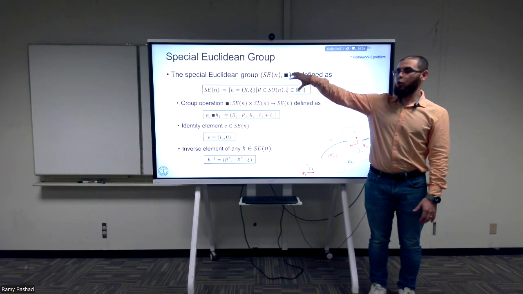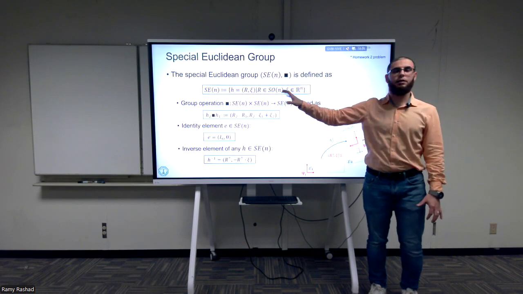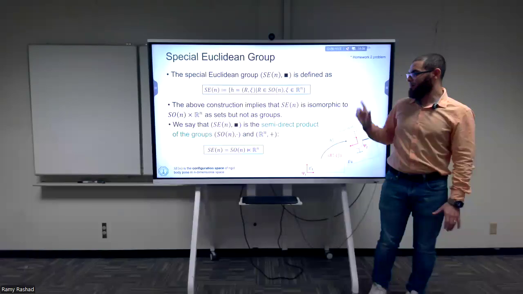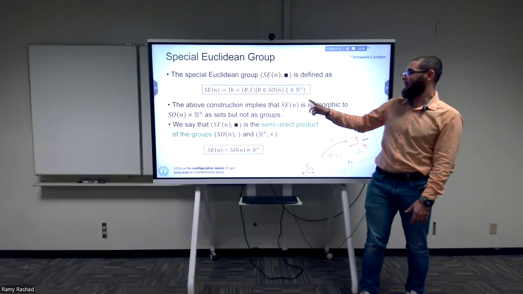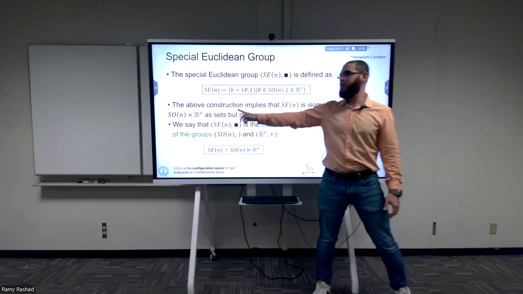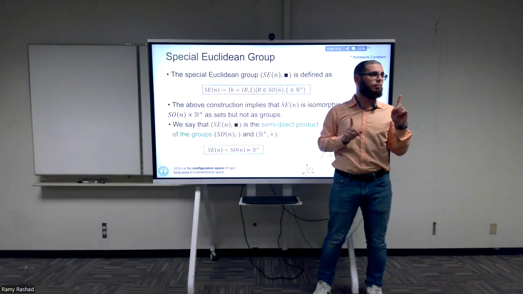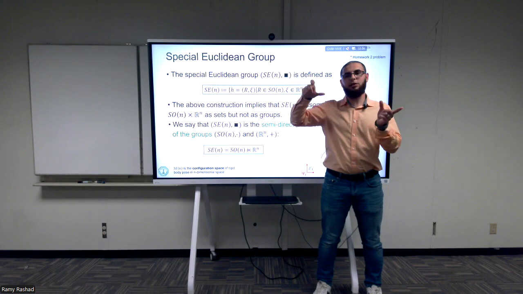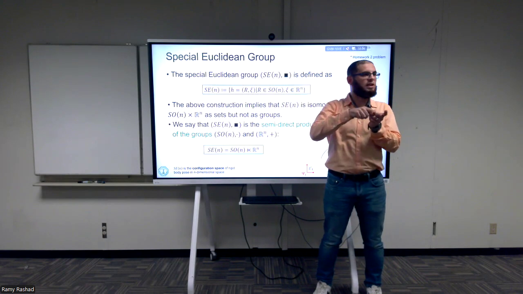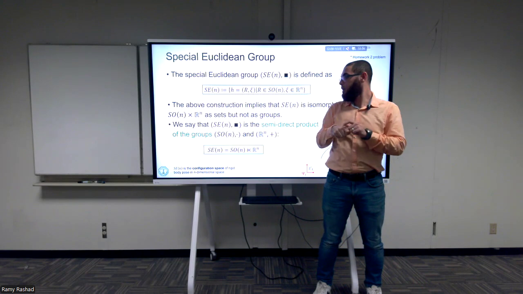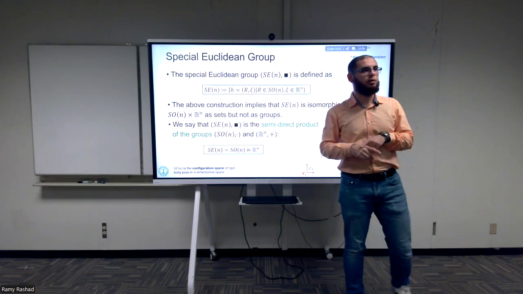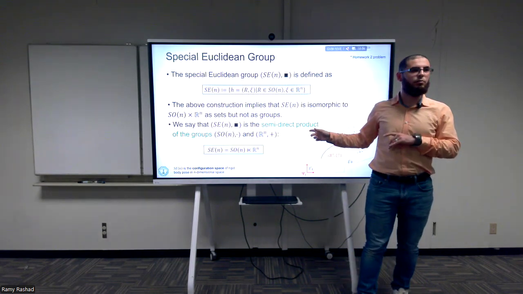This kind of operation means something very deep. It means that SEN is isomorphic to this product as sets but not as groups. So it's not the direct product of two groups. It's something that's called the semi-direct product of two groups. Who saw this term before?